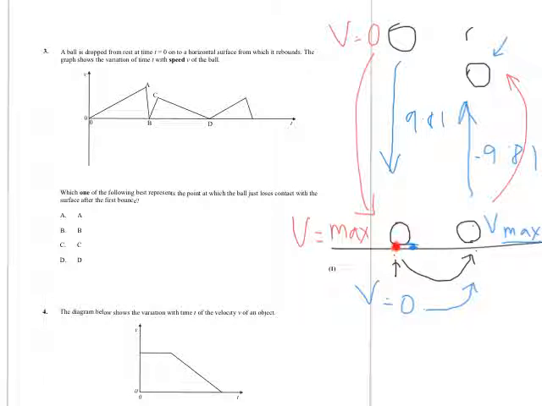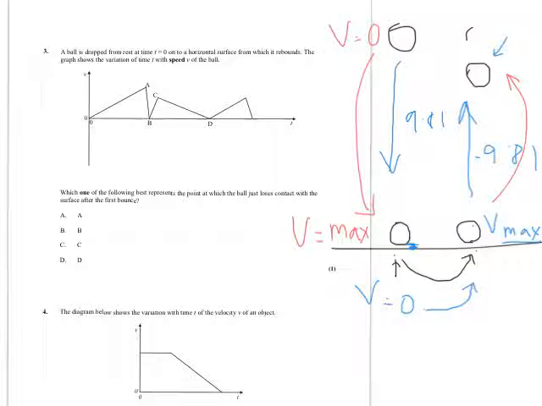Okay, so that would be B. Now C is where it unfurls, it goes back to its original shape, and it goes from velocity 0, a squashed ball, to a normal ball shape, and it's got v max, just as it moves back up.